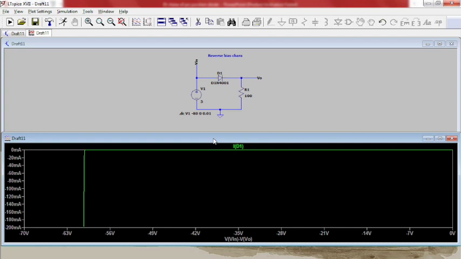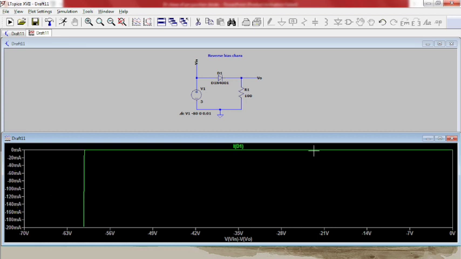We got the reverse characteristics of the diode. The voltage starts from here. The voltage shows the V of the diode. This x-axis is the voltage across the diode, and this is the current passing through the diode.